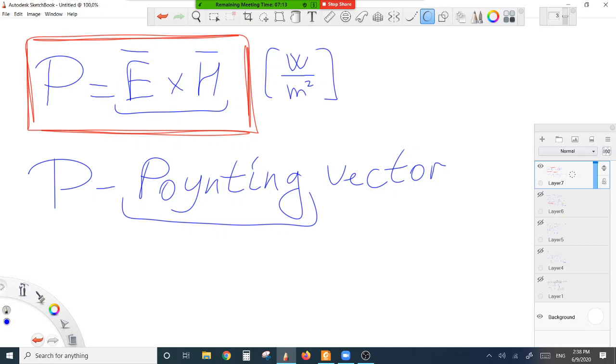This will be used often to identify the direction of propagation of a wave.